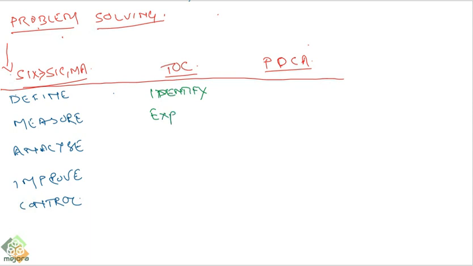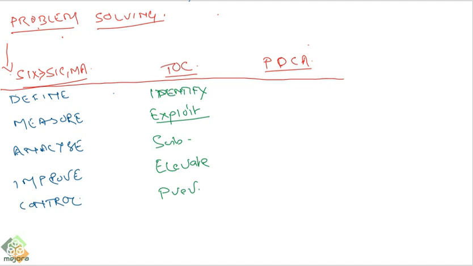Then exploit the constraint, subordinate, then elevate the constraint, and then finally prevent inertia from becoming the constraint. So let's write only prevention here, right?